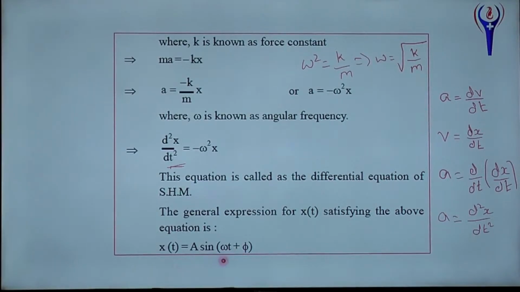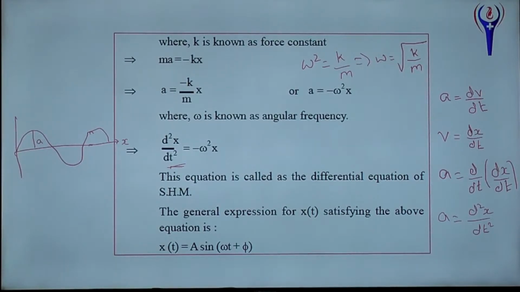So x of t equal to A sin of omega t plus phi gives the equation of a wave. Suppose there is a wave moving along the x axis like this, and A is the displacement.